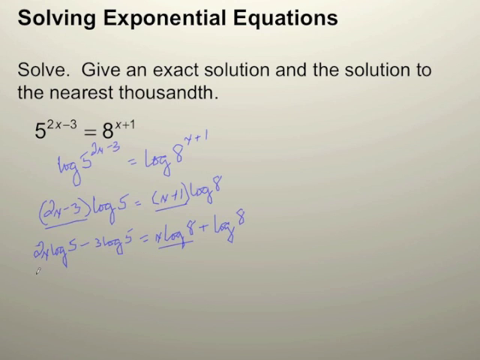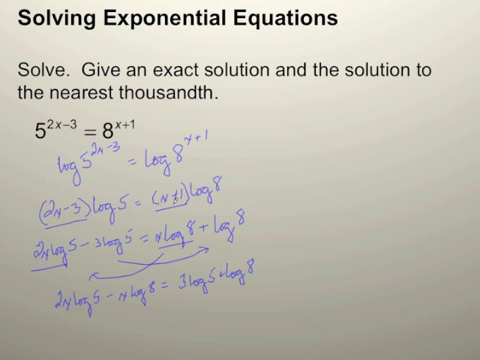Now, these two terms have x's in them. We want them on one side, and we want the other terms on the other side. So I'll have 2x times log 5 minus x times log 8 will equal, and now I'm adding 3 log 5, so I'll have 3 log 5 plus log 8.